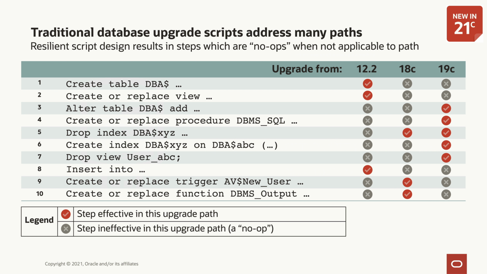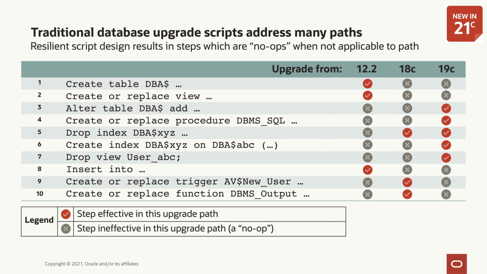Similarly, looking at step 5, we're dropping an index. Presumably, this was introduced in 18C. So upgrades from 12.2 do not require this step. However, it is applicable to upgrades from 18C and 19C.